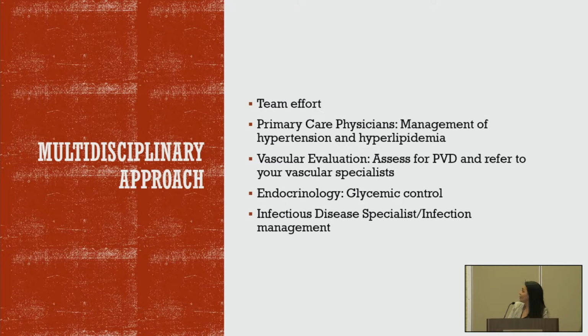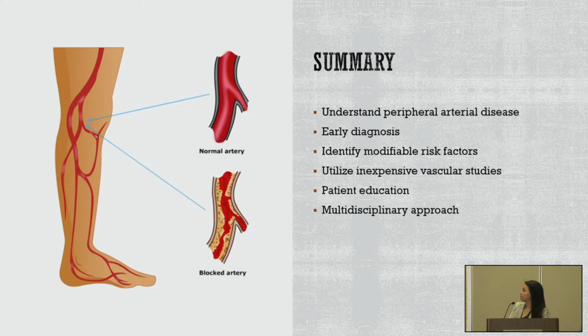And with our infectious disease team, we make sure we control infections. The more an infection runs rampant, the more proximal the amputation, the more soft tissue loss, and of course that leads to increased mortality in this patient population.